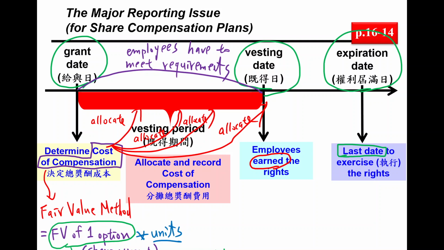Then finally, if employees meet all requirements, they earn the right. So how about the following periods? Since the option belongs to employees, later on whether they want to exercise or give up the right depends on employees.